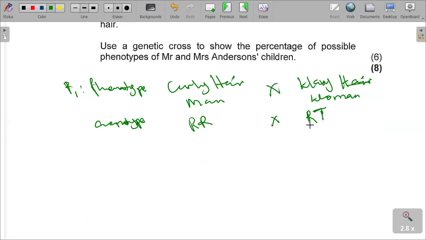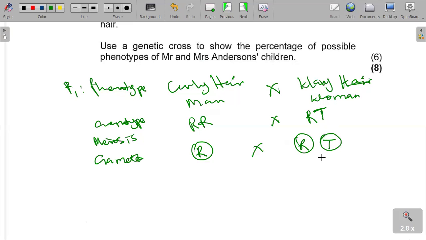It is the heterozygous that gives us wavy hair. Then meiosis occurs, and we need the gametes that are going to be formed here. On this side we have R, and on this side we have R and T.